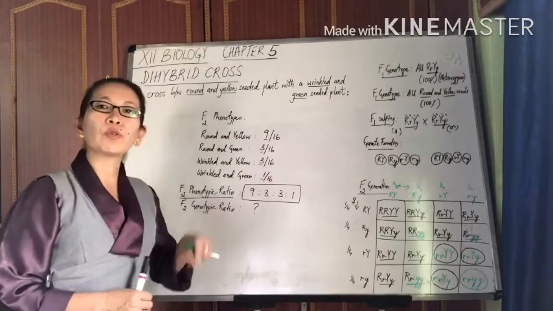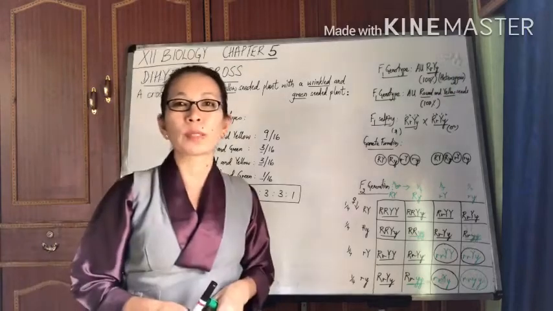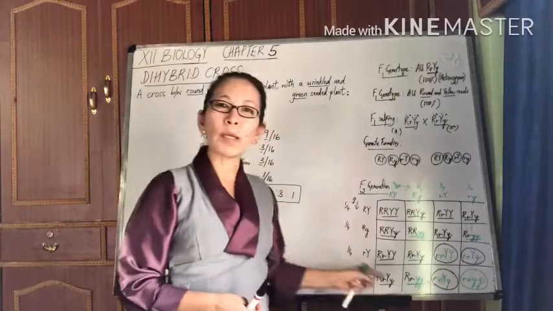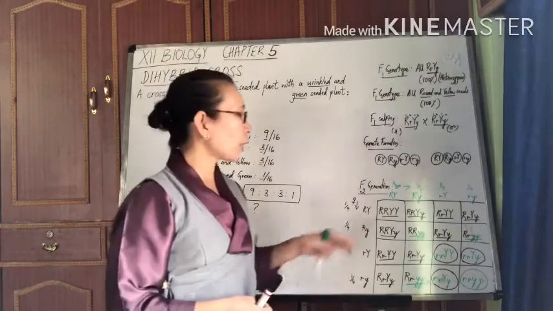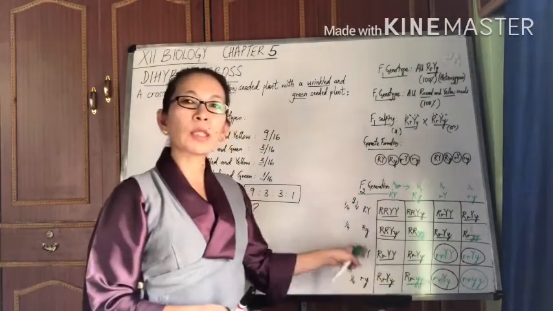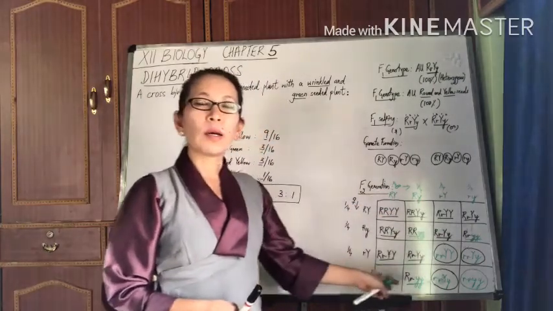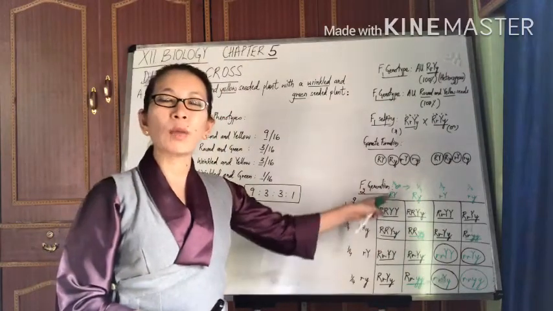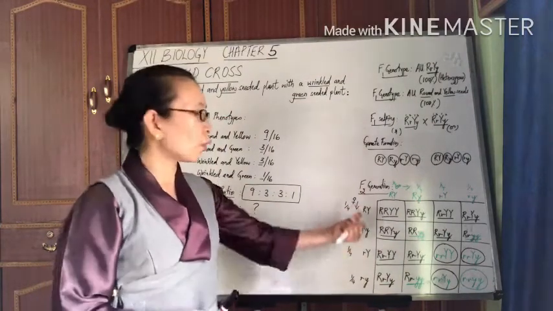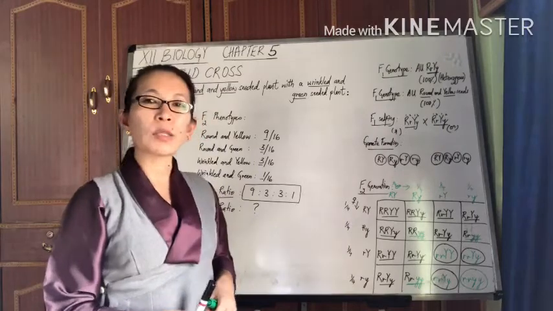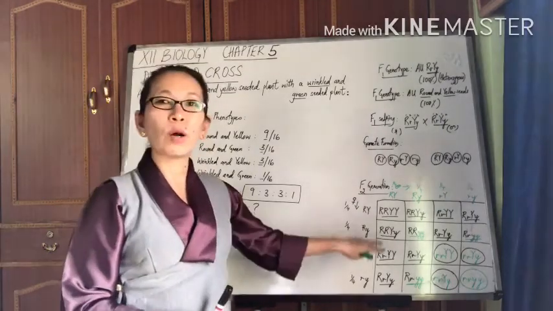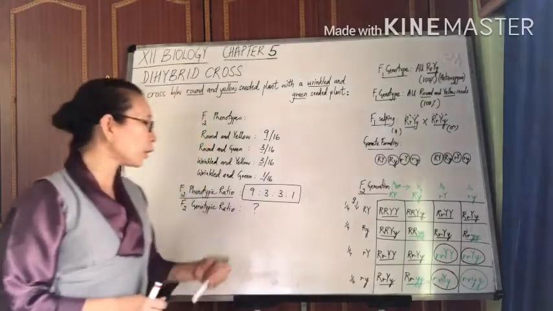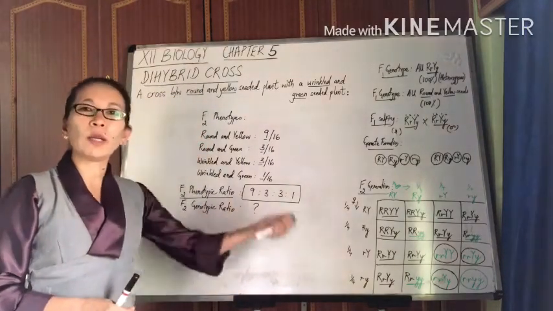But what about the F2 genotypic ratio and the genotypes? Well, for that, we want to go back to the Punnett square. Okay, and you can easily predict all the possible genotypes of the F2 plants from the Punnett square, and if you work out each genotype, you can also know the genotypic ratio in the F2 generation.